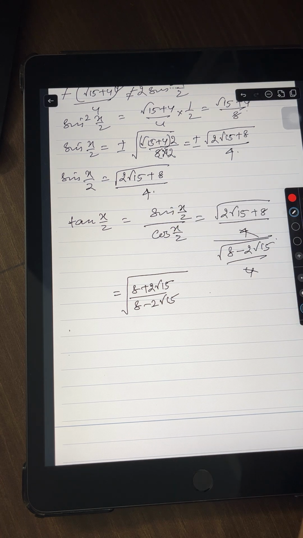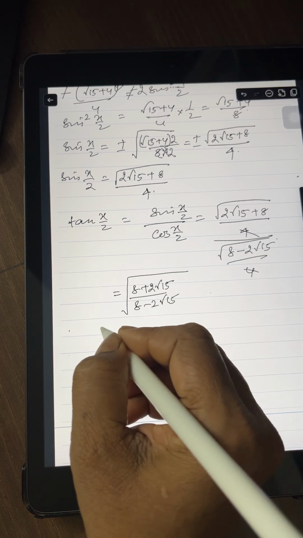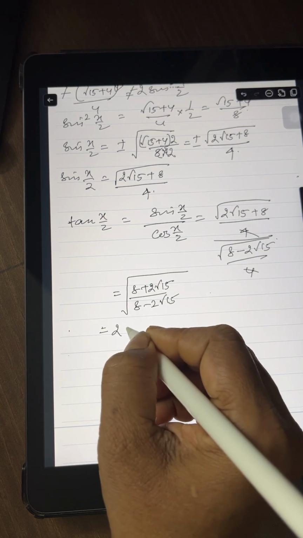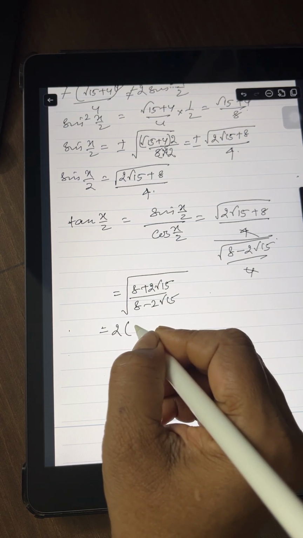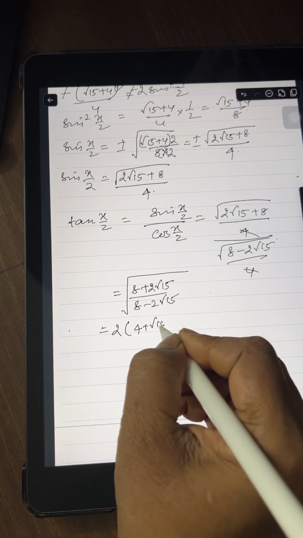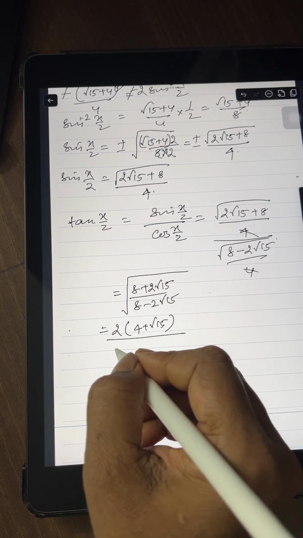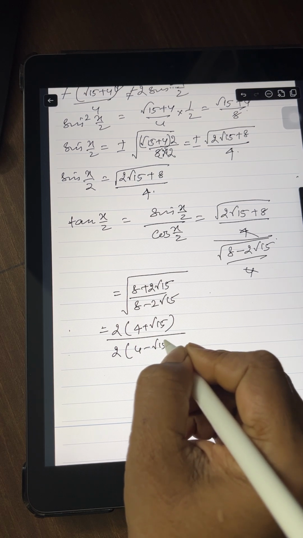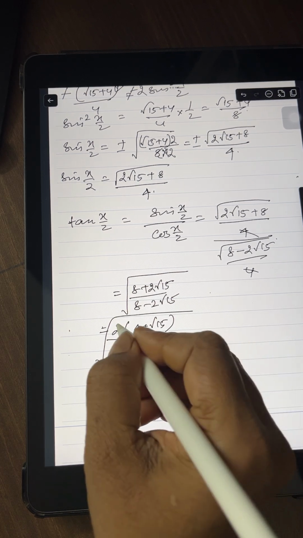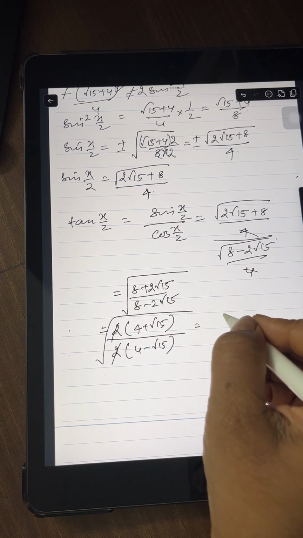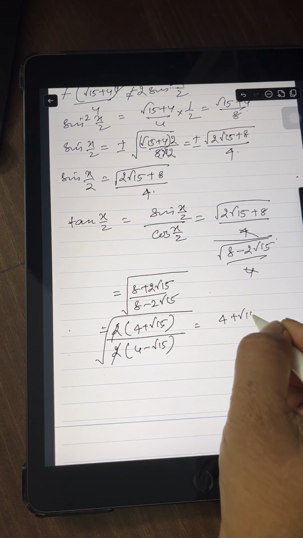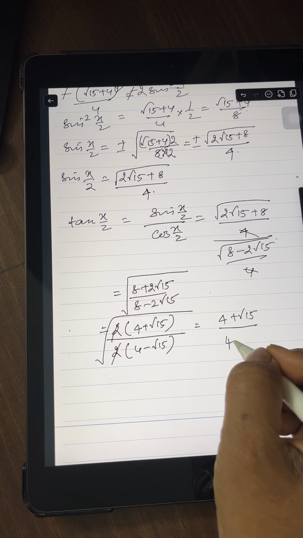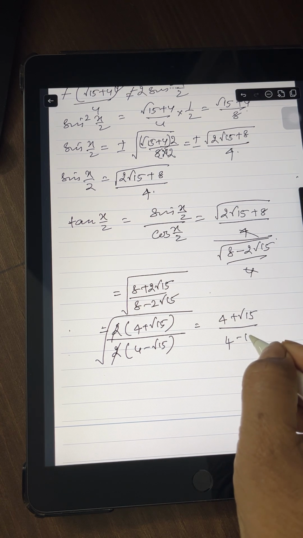What is the common in this 2? 2 is common, no? 2 is common. So I can write it as 4 plus root 15 by 2, again common, 4 minus root 15. Whole root you can put, 2 you can cancel it. So 4 plus root 15 by 4 minus root 15.